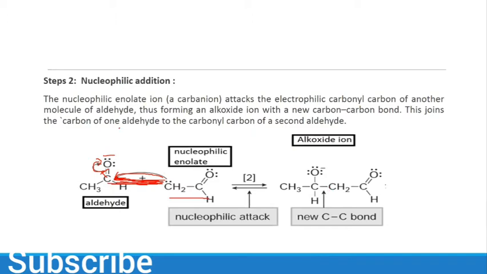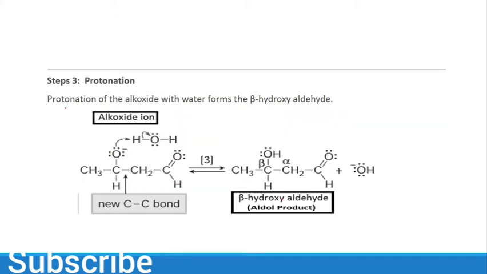This joins the carbon of one aldehyde to the carbonyl carbon of a second aldehyde. So this one is from our previous step. This acts as the nucleophile, and this one acts as the electrophile, and we have a new carbon-carbon bond. Protonation of the alkoxide with water forms the beta hydroxy aldehyde.